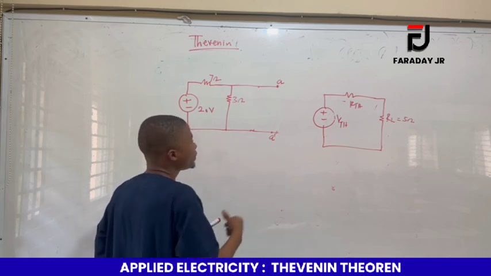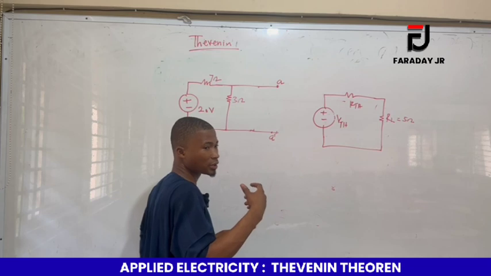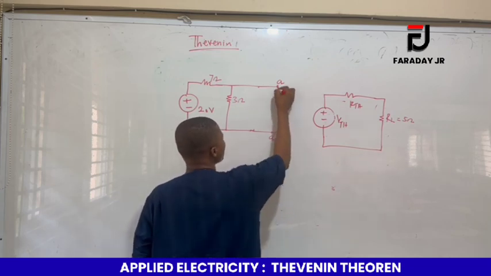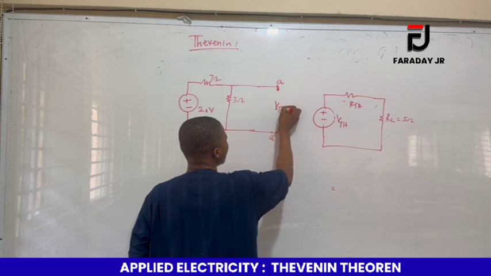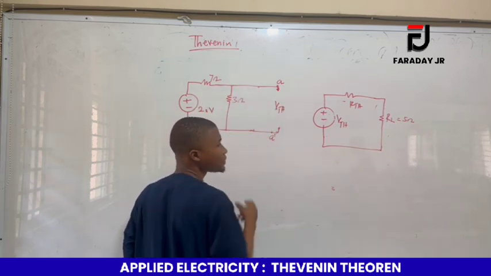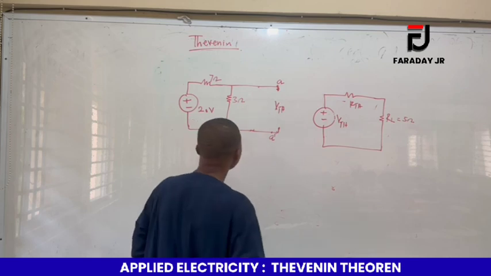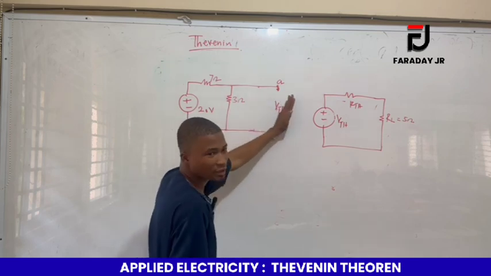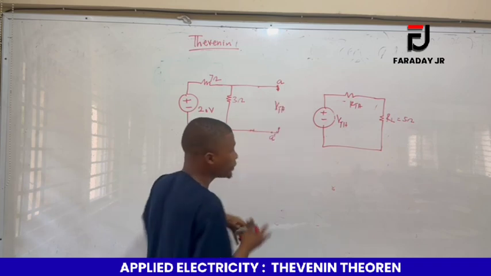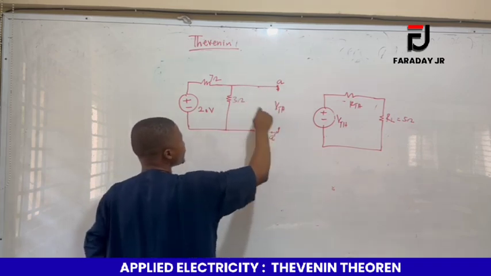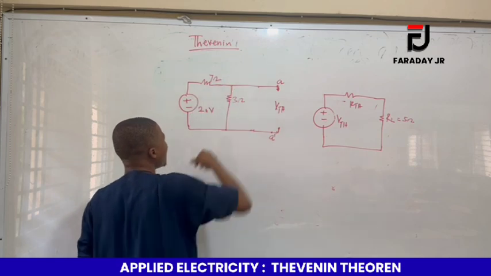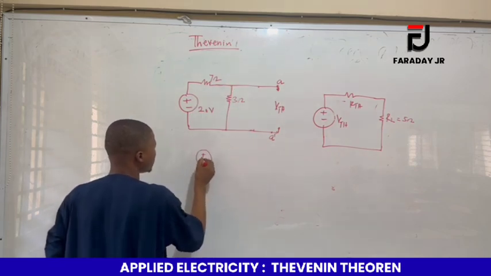The Thevenin voltage is the same as the open circuit voltage. Here it is an open circuit, and the voltage we find across it is the same as the voltage across the parallel branch. Since this is an open circuit path, no current is moving, so we can choose only this path.